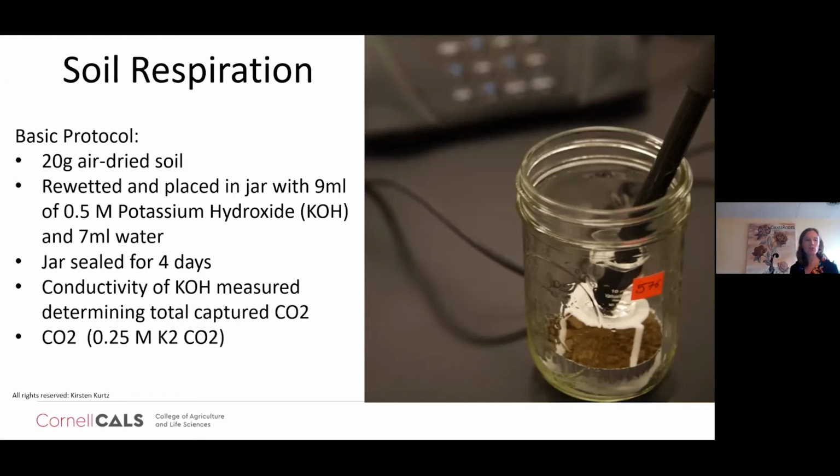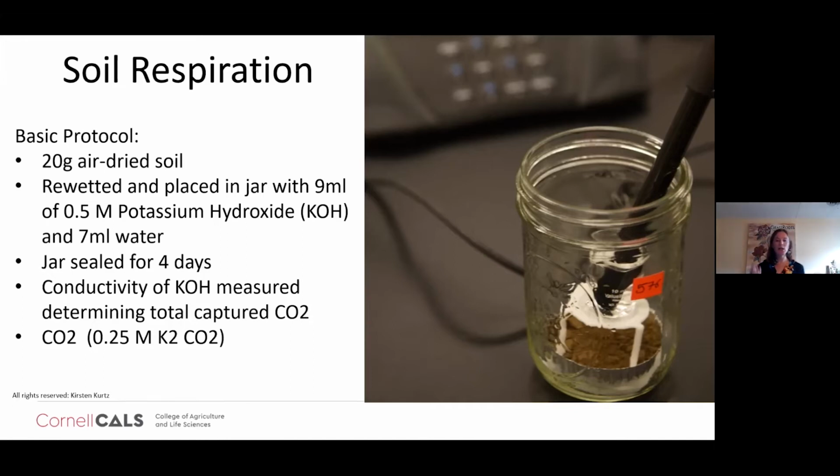So for this test, we take 20 grams of air-dried soil. Indeed, we use air-dried soil for all of our tests because we're interested in getting at that life of the soil. And we add it to these jars in this little aluminum weigh boat that has these holes poked in the bottom. And then we pipette in some water, which comes up through the bottom of that weigh boat and wakes those organisms up.